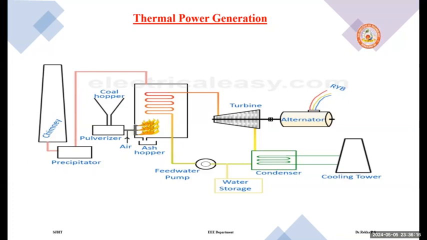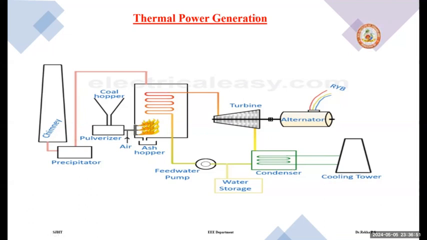By using the heat of the flue gases. Before flue gases are released to the atmosphere through the chimney, the heat is extracted by the air preheater and the temperature of air increases, and then that air is used in the boiler. That's how the efficiency of the thermal power plant can be increased.